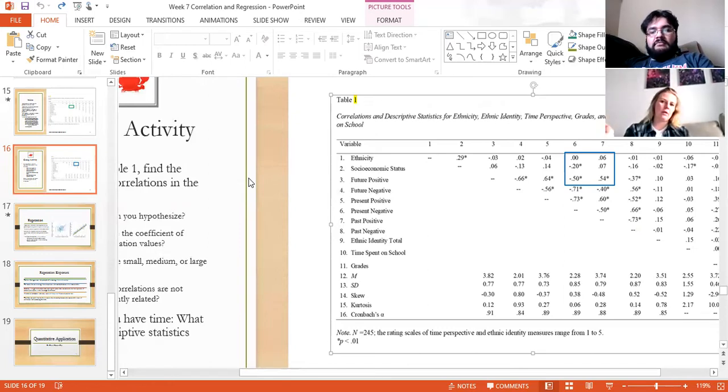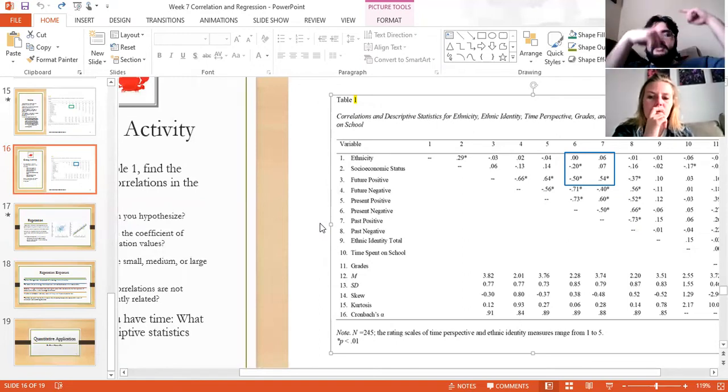And when your present negative goes up, your socioeconomic status goes down. It's not that it goes down, it's that you're more likely to land in this X and Y spot. It's split both ways. So this is X and Y. So they're always going to be inverse of each other.